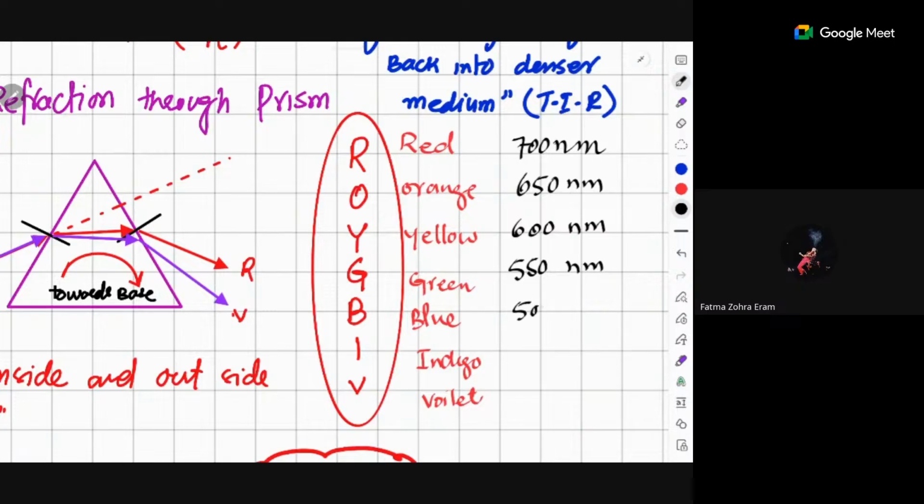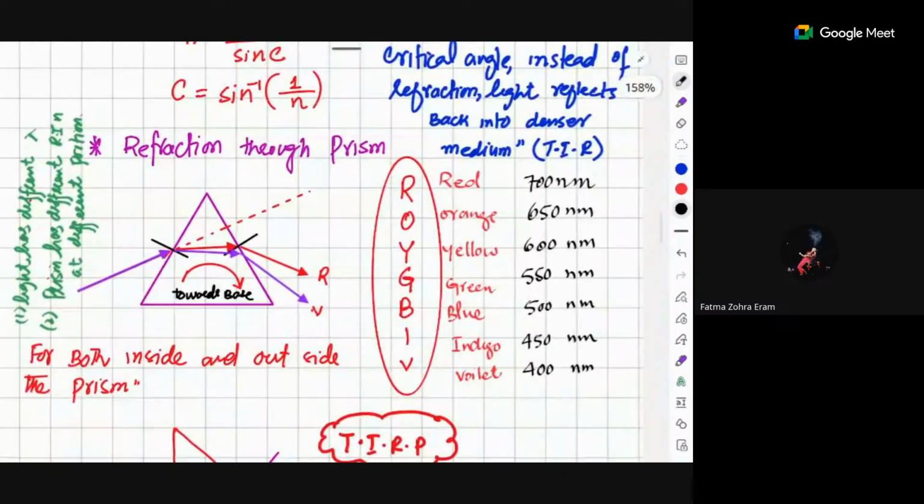It is 500 nanometer. It is 450 nanometer. And this is of 400 nanometers. Right? All these wavelengths are included in your syllabus, and we have to know about all these wavelengths.